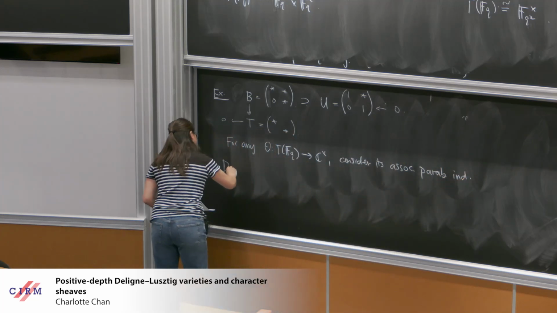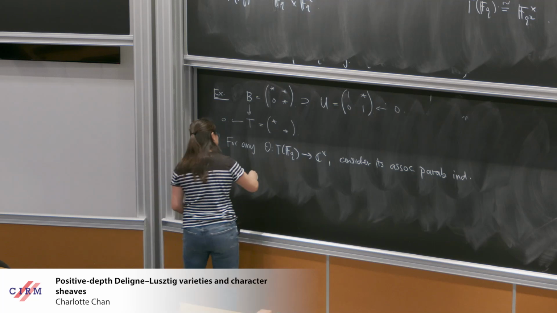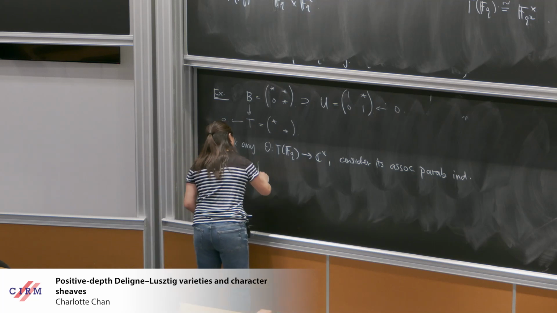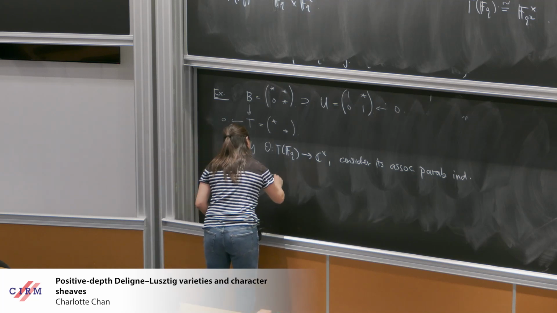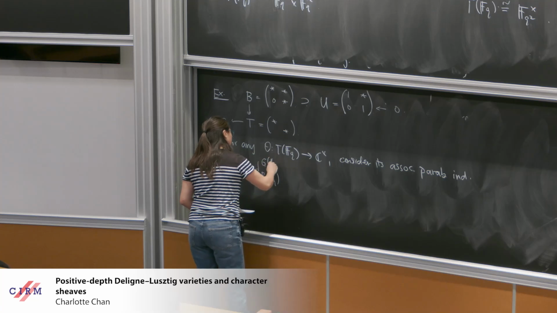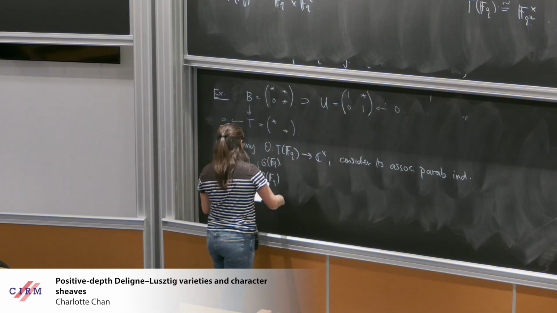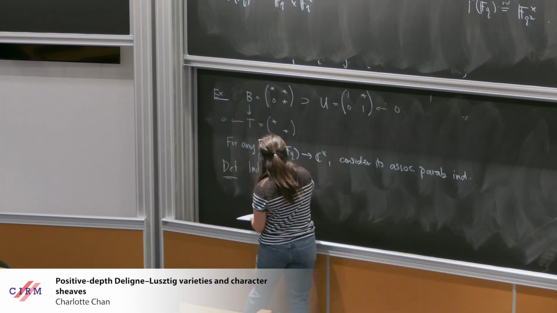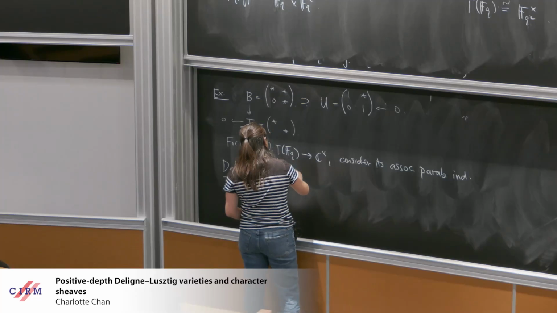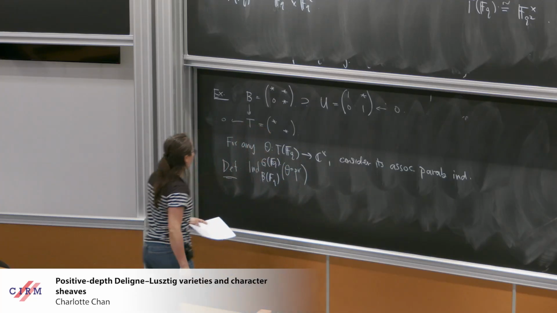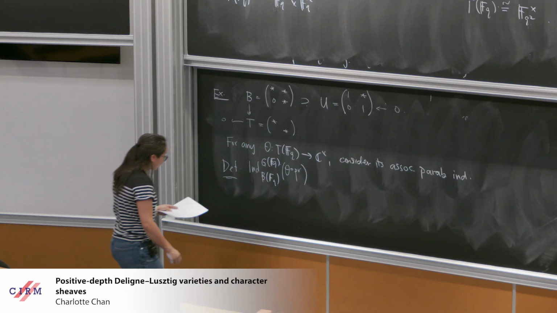Here's the definition of parabolic induction. It's simply given as the induction from B of FQ to G of FQ, where G is GLN. I write it this way because it really doesn't depend on it being GL2.